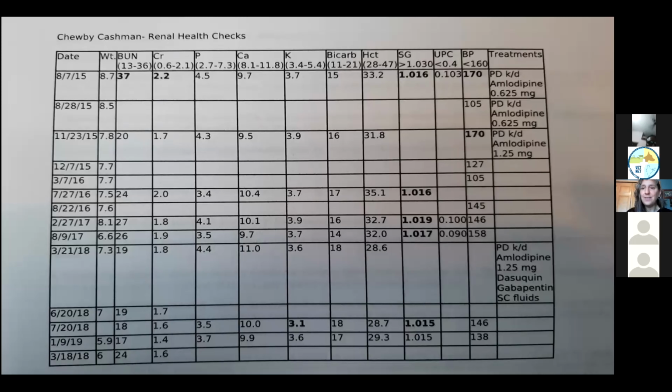So Chubby was immediately placed on a renal-friendly diet. What we have here is called prescription diet k/d, so that's why in the treatments it says PD for prescription diet k/d. And then we started him on amlodipine at 0.625 milligrams once a day. So that's that initial starting dose of 1/4 of a 2.5 milligram tablet.